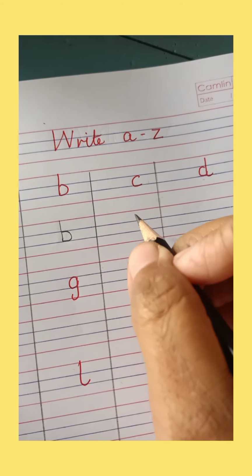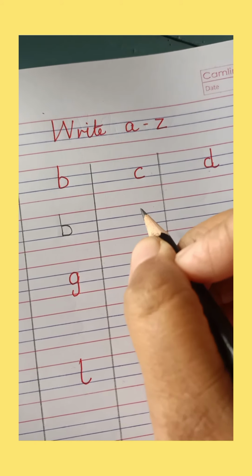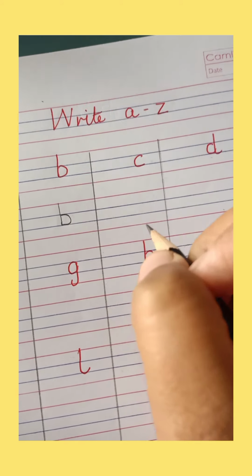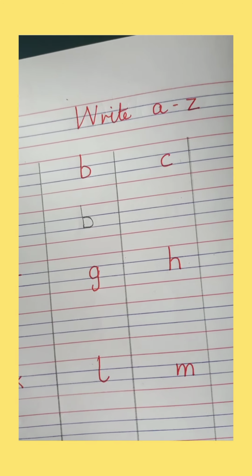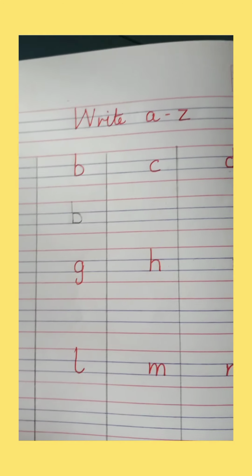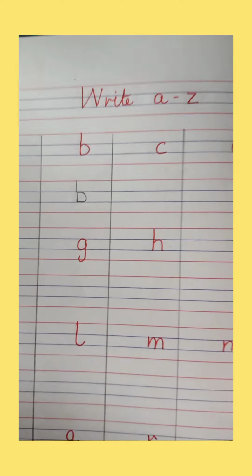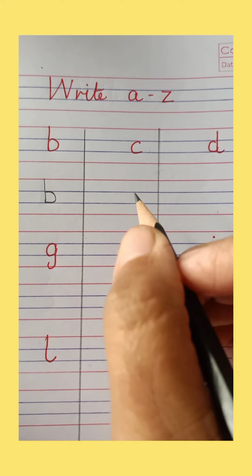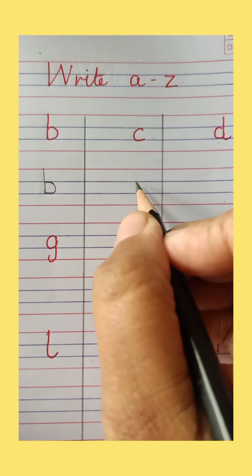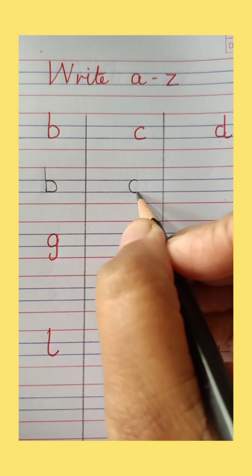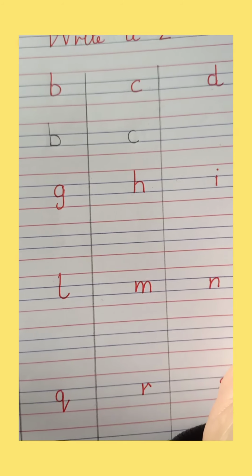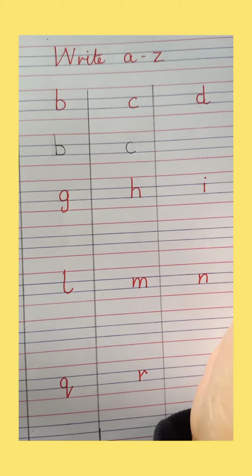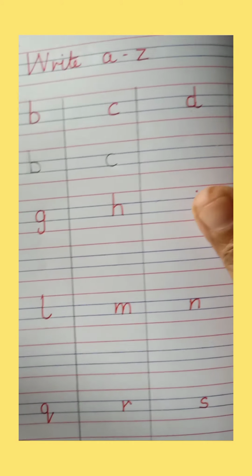Children, as I told you, there are 4 lines now, and the topmost line and the bottom line is of which color? Tell. Yes, red color. And in between there are 2 blue lines. So see, we are going to write in these 2 blue lines. Children, you know the formation of the letters. It's just that you have to be particular and you have to check the lines.